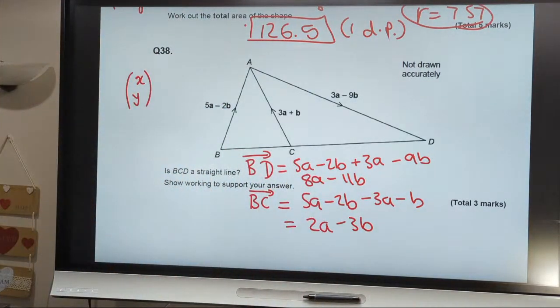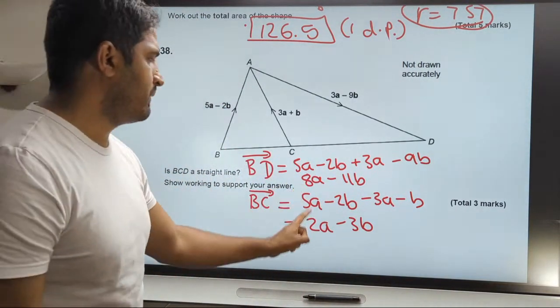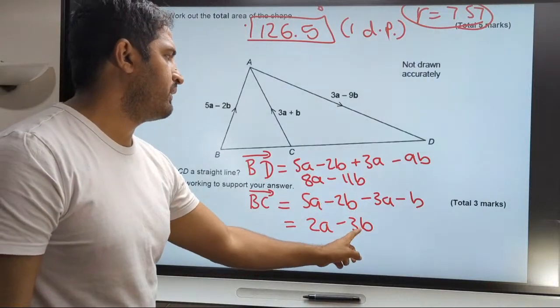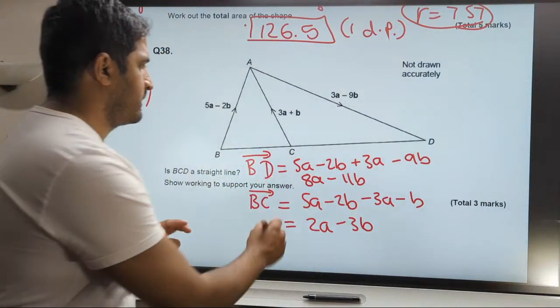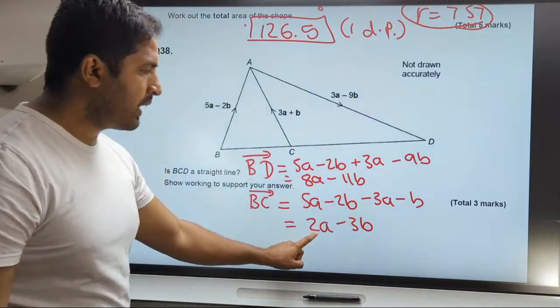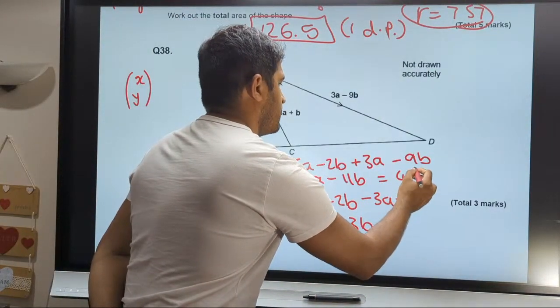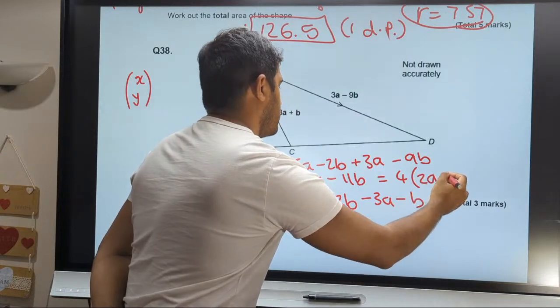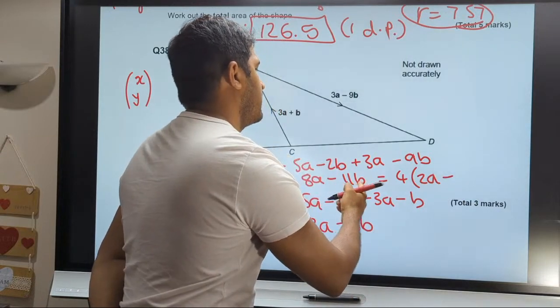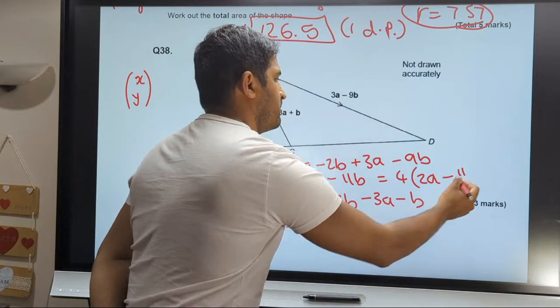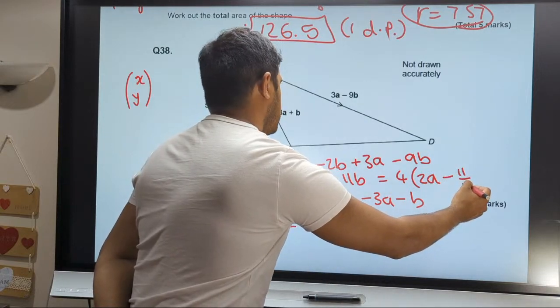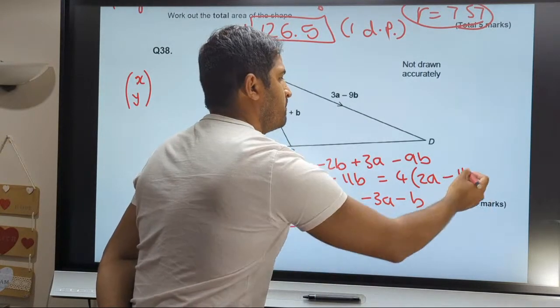So is there any way I can factorize that? I'm left with 2 here, and I'm left with 3. So let's try and factorize that. To get the 2A, I need to factorize 4 out. So if I factorize 4 out, I get 2A minus 11 over 4 B, which doesn't seem to be equal to 3B.